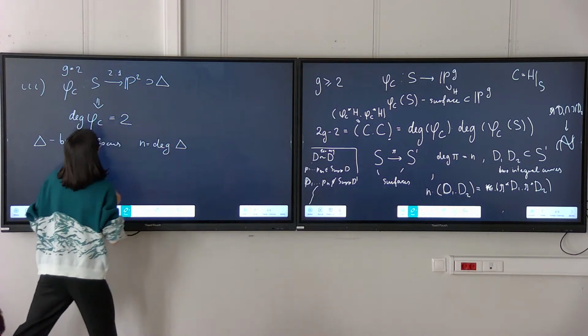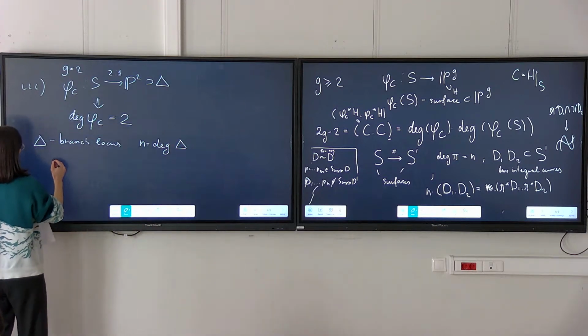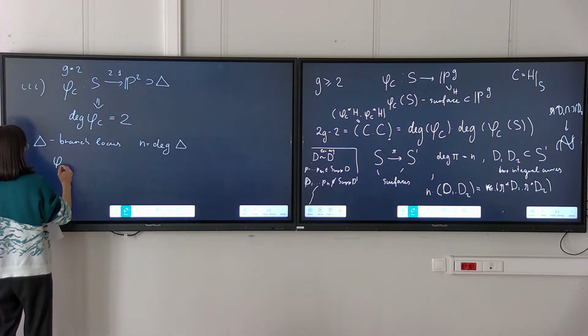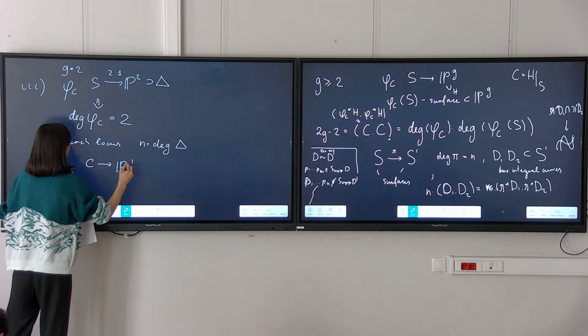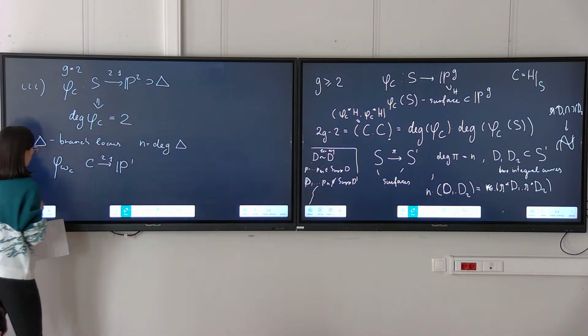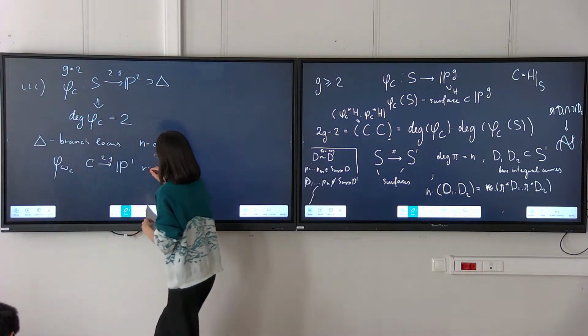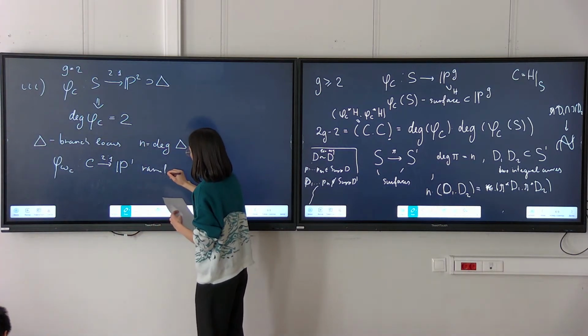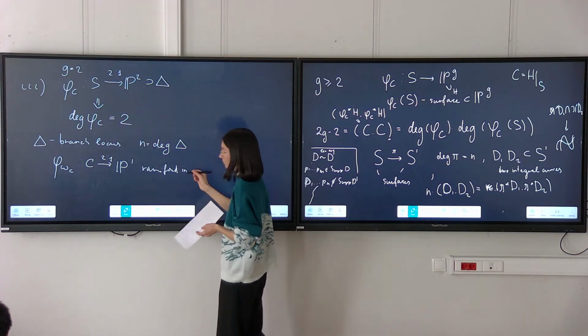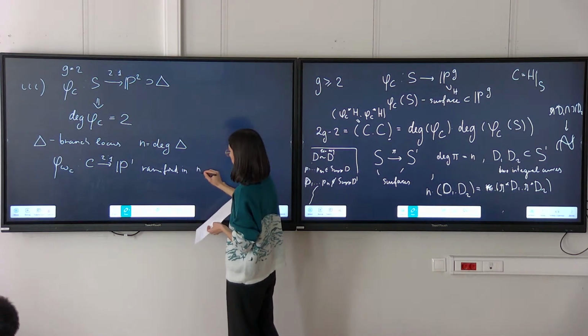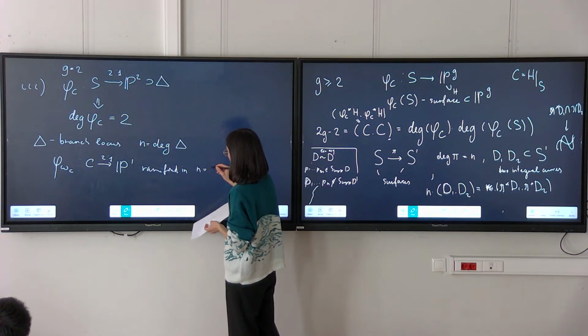We know that if we restrict this map to C, then we will obtain the double covering of P1 ramified in 6 points, so n is equal to 6.